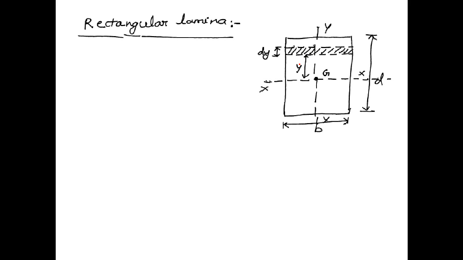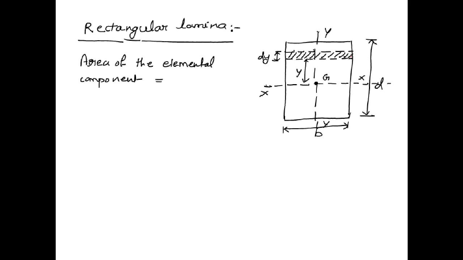So the area of this elemental component will be dy into b. This is the area of this elemental component.